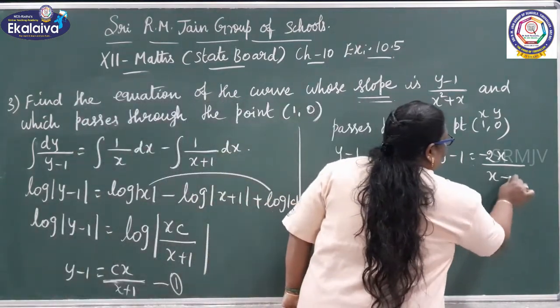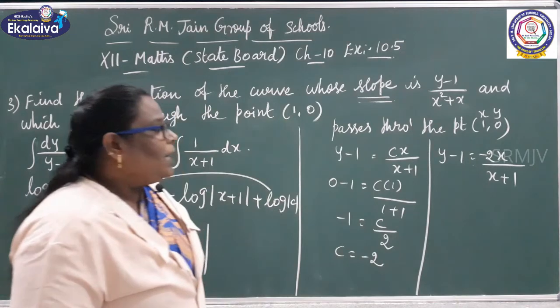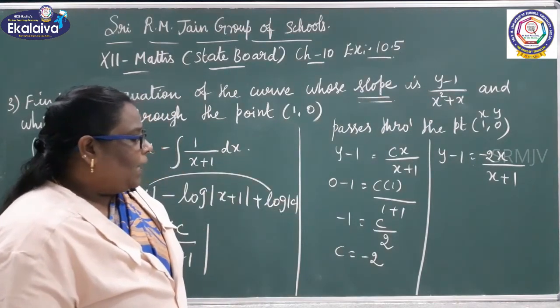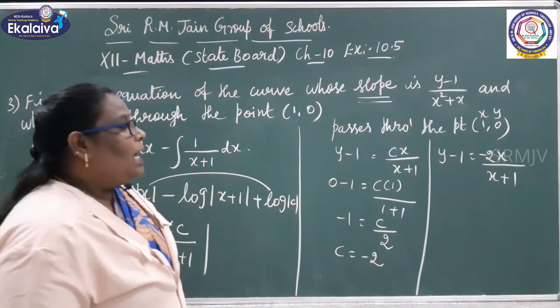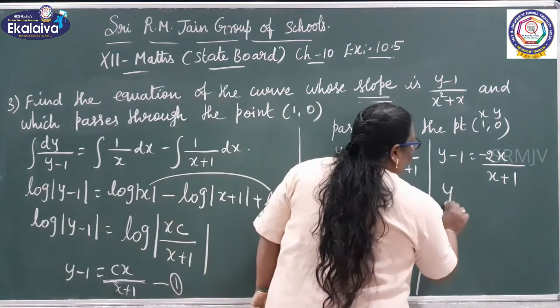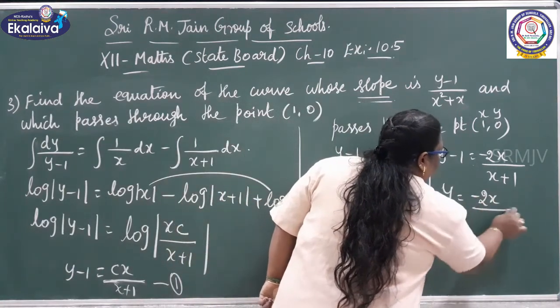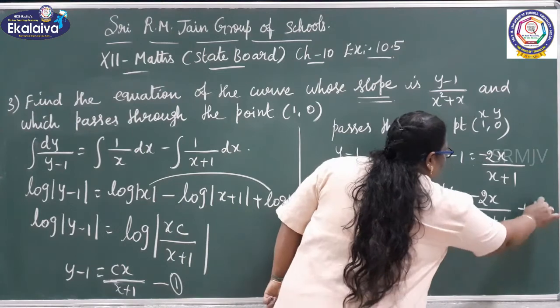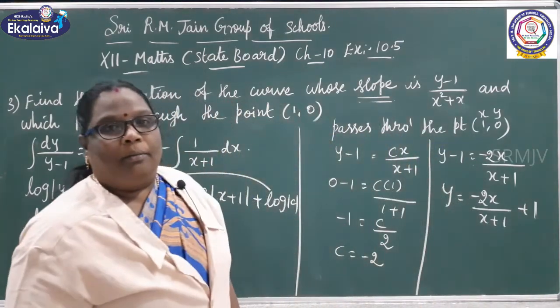by x plus 1. y minus 1 equal to minus 2x by x plus 1, so y equal to minus 2x by x plus 1 plus 1.